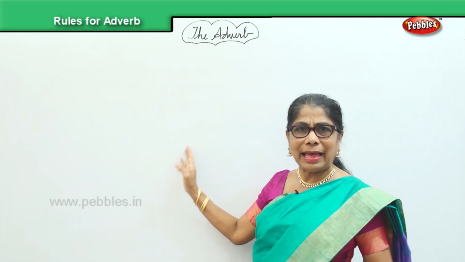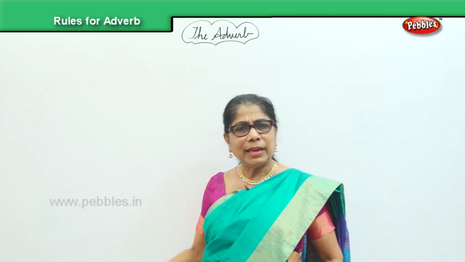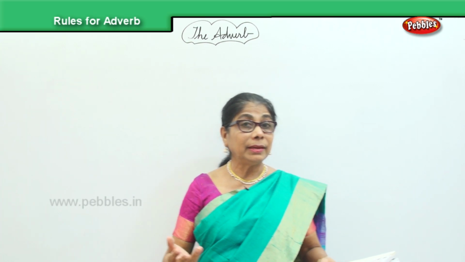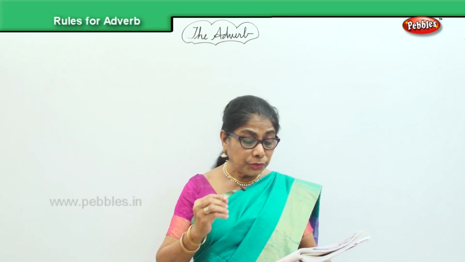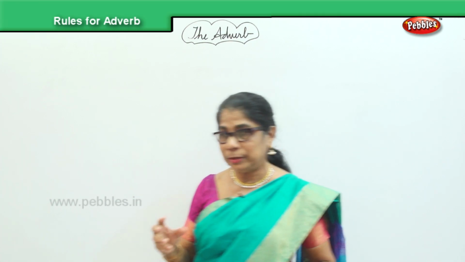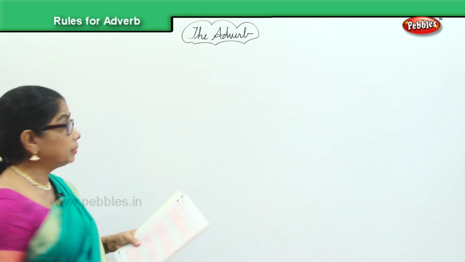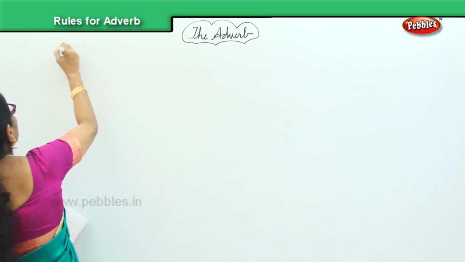Having done adverbs and the 6 kinds of adverbs, now we need to look at the formation of adverbs, and there are rules to form these adverbs. So, we are going into rules for the formation of adverbs, and that's what we are going to do.